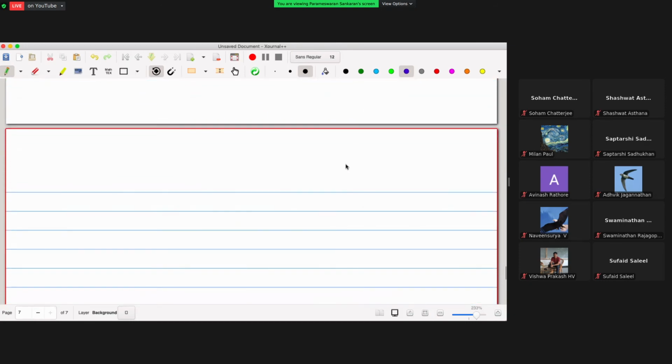So the probability that A doesn't occur, probability of A complement, is 9 by 10. And so this is for any one particular deal.